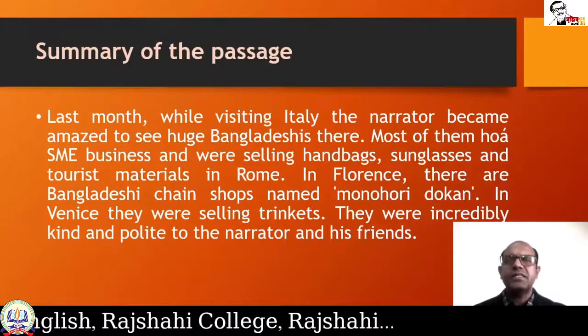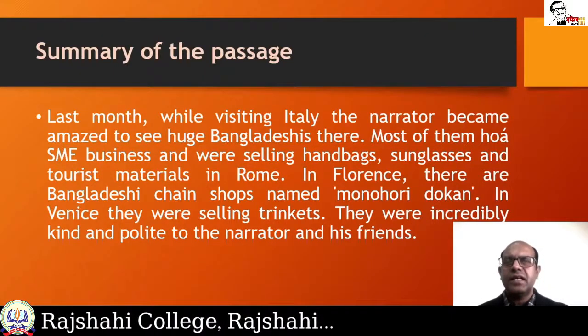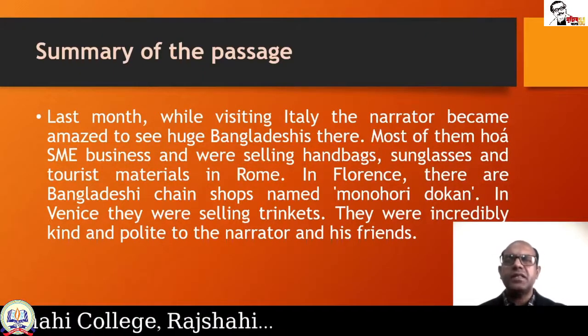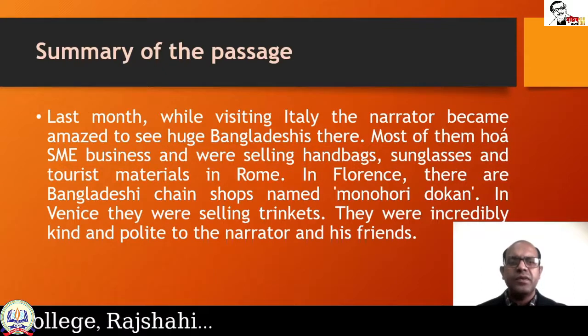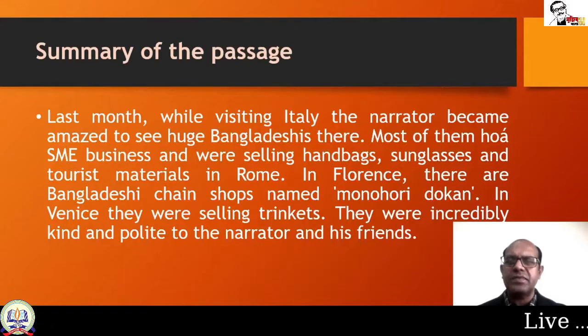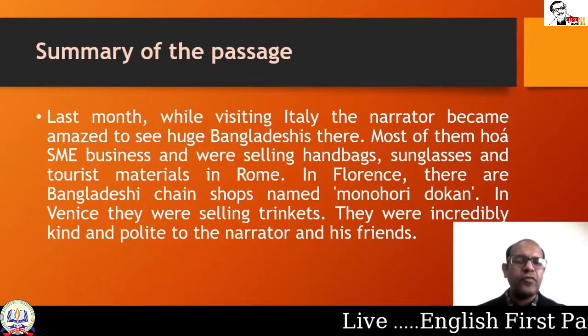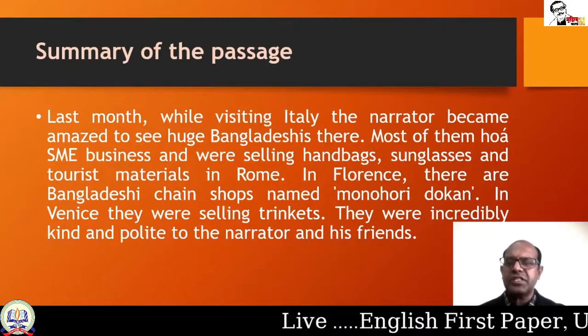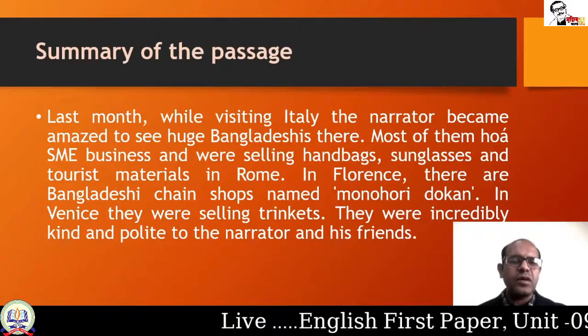Dear learners, here is the summary of the passage, and the summary is: last month while visiting Italy, the narrator became amazed to see huge Bangladeshis there. Most of them are SME business and were selling handbags, sunglasses and tourist materials in Rome. In Florence, there are Bangladeshi chain shops named Monohari Dokan.